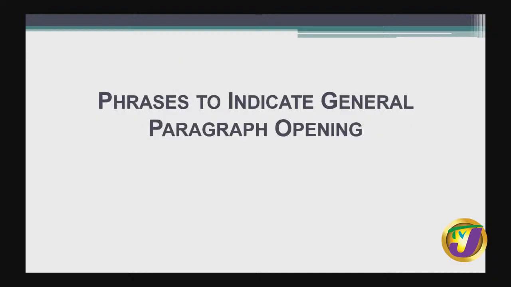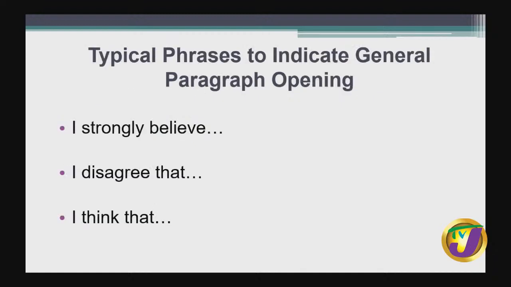So the first set of transitional phrases and link words we're looking at are the phrases that indicate general paragraph opening. So think about it. When you want to start a paragraph, sometimes that is the hardest part. You know what you want to say in the paragraph, but how do you start it?